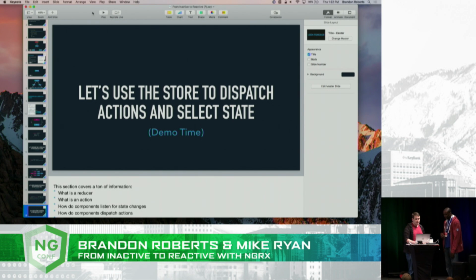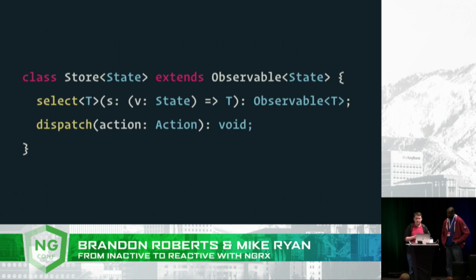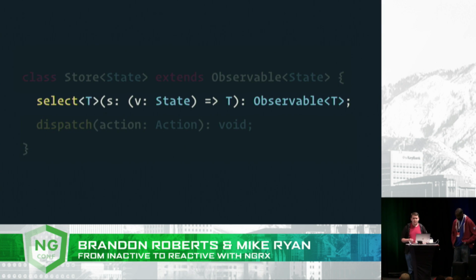Okay, so we're almost done implementing store, but there's still one part that's not quite finished. Right now, these components are using select to select the state they care about. This is still too much responsibility for our components. We want to write really clear, concise components that only care about wiring up data and dispatching actions.